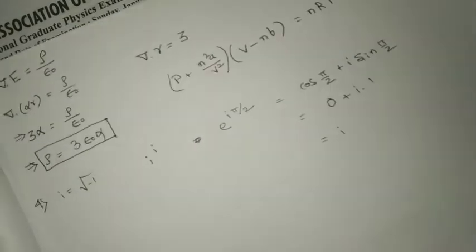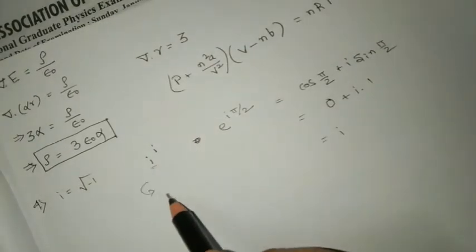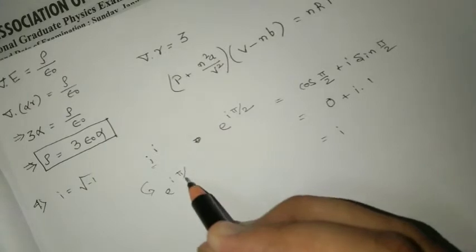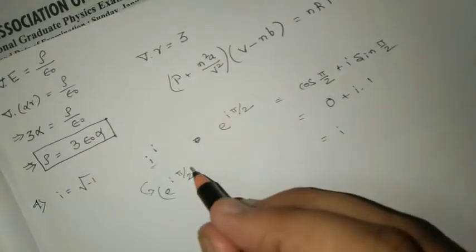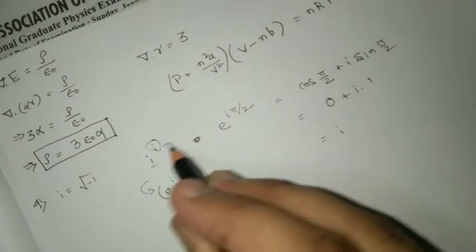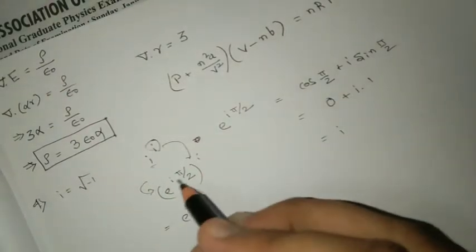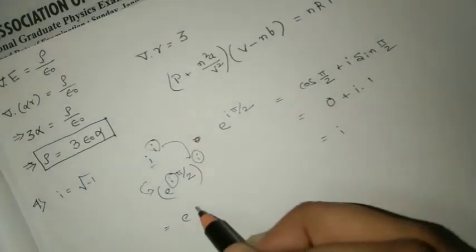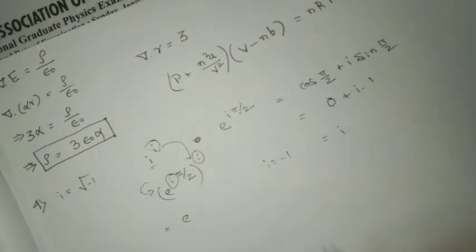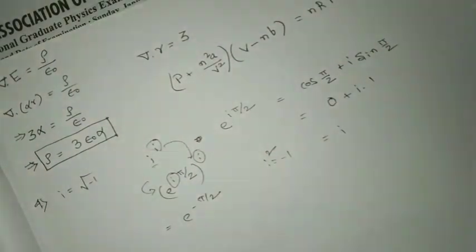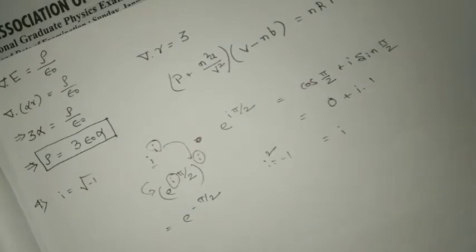So we can write this iota as e to the power i pi upon 2. Now we raise it to the power i, so the exponents get multiplied, and I think you know i square equals minus 1, so we are getting e to the power minus pi upon 2. So let's check the options.